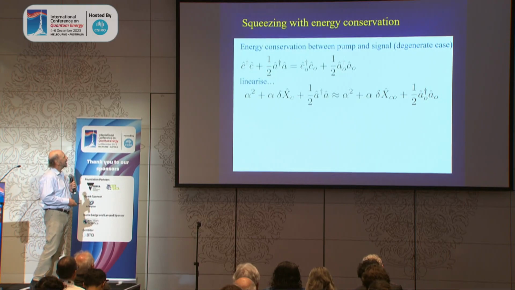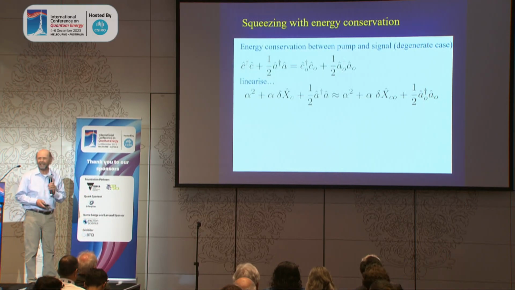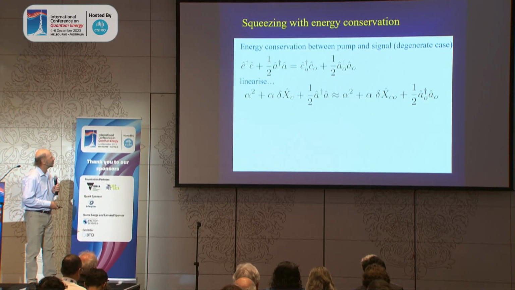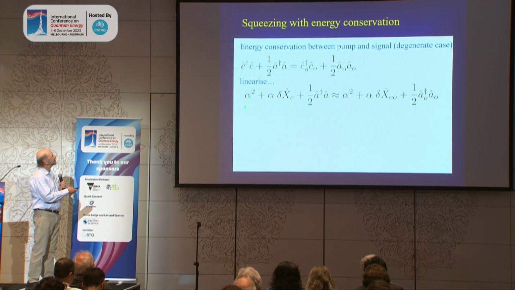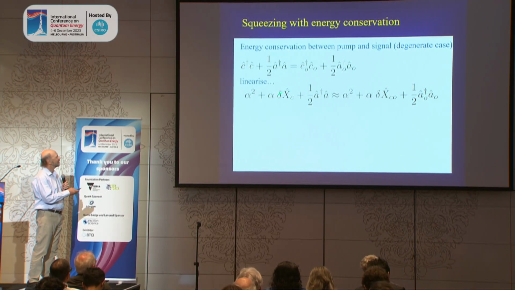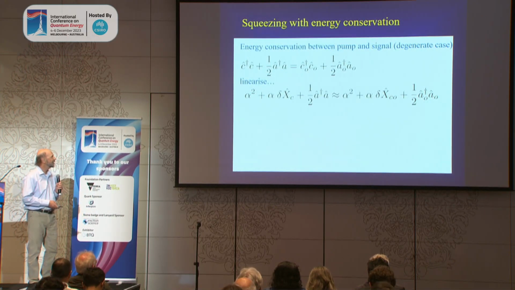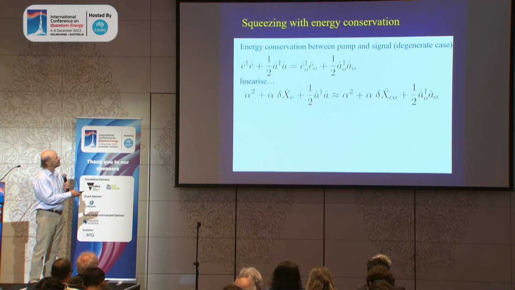So if the pump has a large amplitude, we can linearize, and I'm assuming the amplitude is real here, and then we get terms like this for C dagger C, which just becomes alpha squared plus alpha times the amplitude fluctuations of the pump. And a similar thing on the other side of the equation.